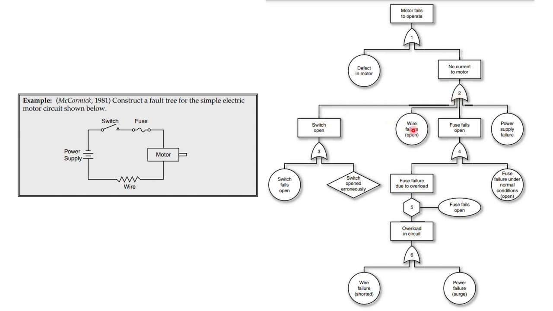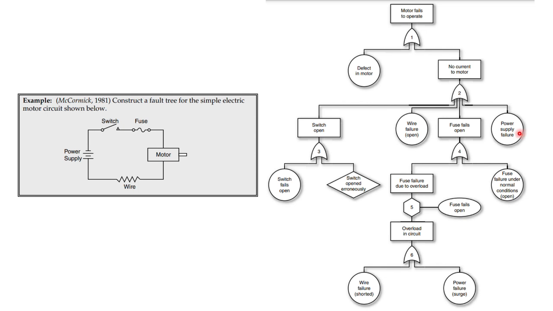So either of these reasons. Take for example, if the switch is open, no current to the motor. Wire failure will also cause no current to the motor, fuse fails open, and also the power supply failure.